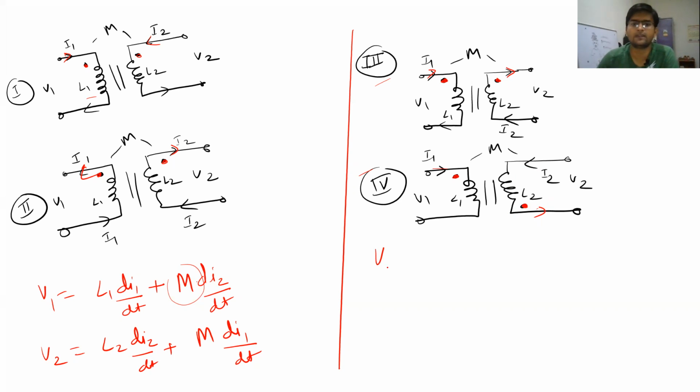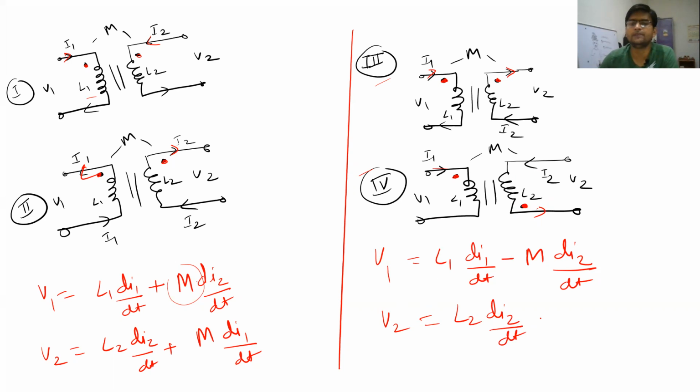So for this we can write the equation V1 is equal to L1 di1 upon dt minus M di2 upon dt. This is your equation for V1. And similarly for V2, we will have L2 di2 upon dt minus M di1 upon dt.